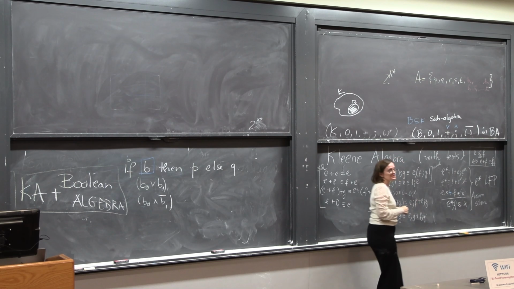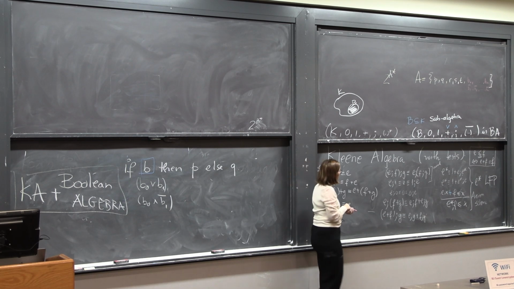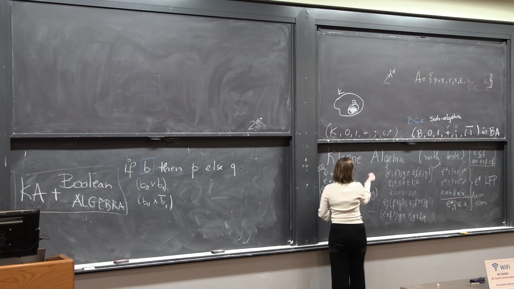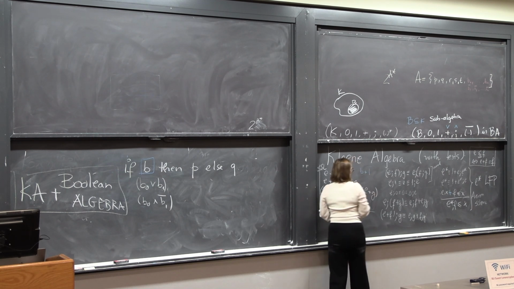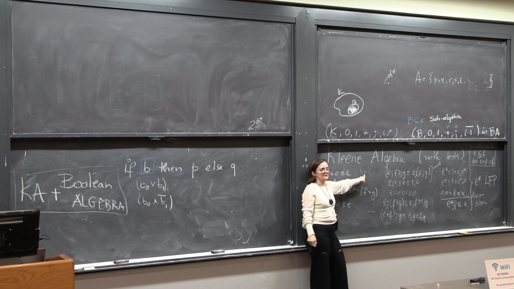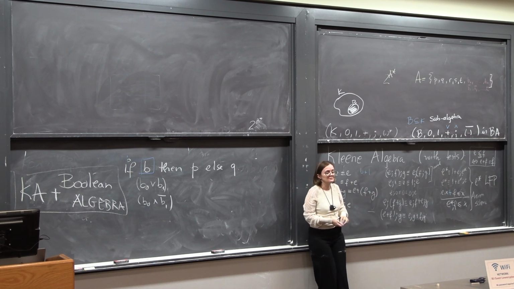But because these operations are the same, now I need to add certain things. Namely, if I have an element from B and I do B plus 1, what should that be? The 1, in terms of B, is true. So if I do B or true, in Boolean algebra, I get what?